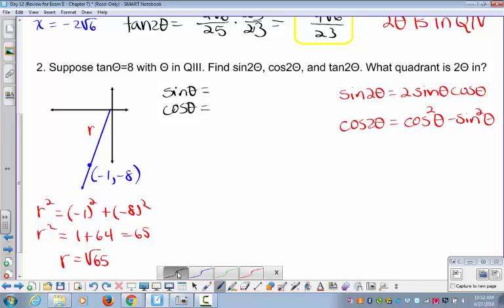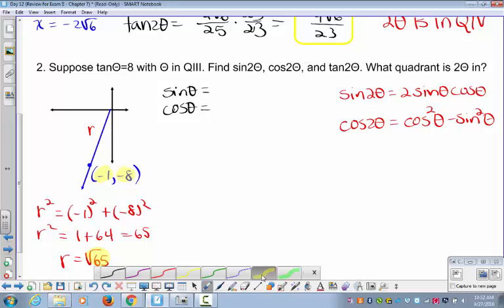So that's all the preliminary work. The preliminary work is getting your ordered pair, getting your r value, because you need 3 numbers, x, y, and r. You need those 3 if you're going to calculate sine and cosine of theta.